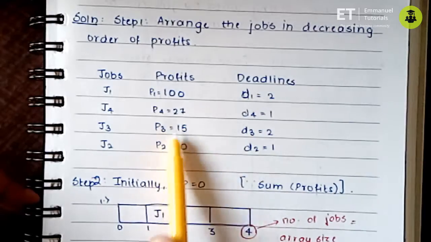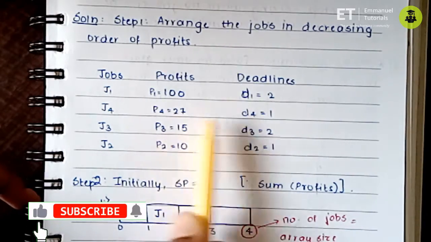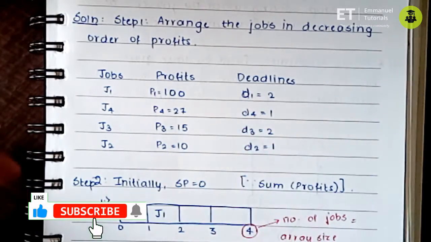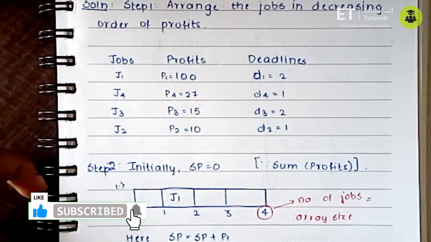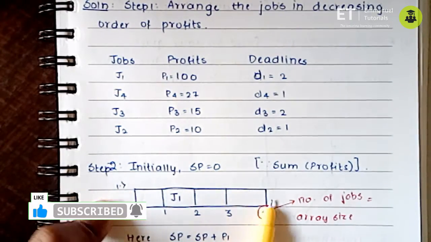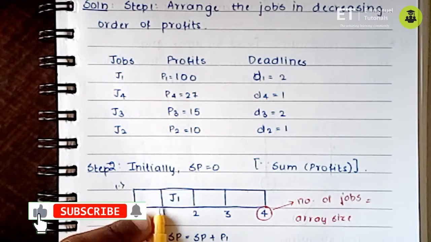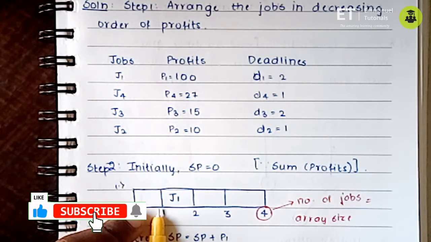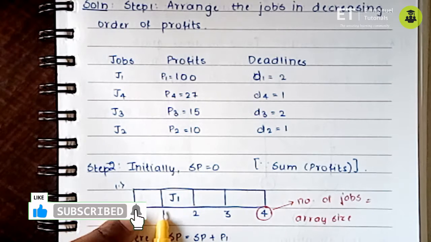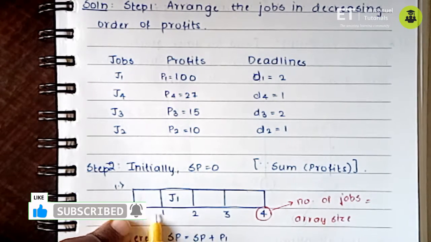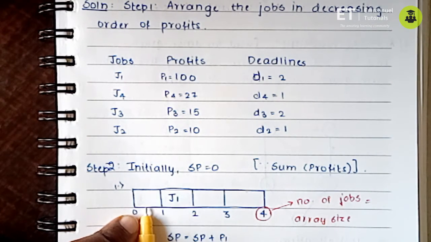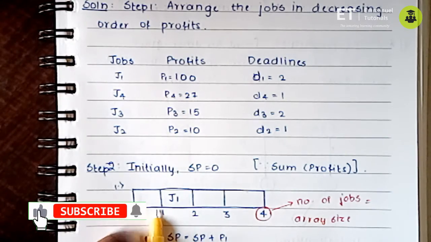Now the next job that we will have to add is J4 with profit 27 and its deadline is 1. So we have to look at this structure and see if this job can be placed at a location where it can be completed before its deadline. So we do have a cell empty, which is the first cell. So if we place J4 here, we can complete the job.